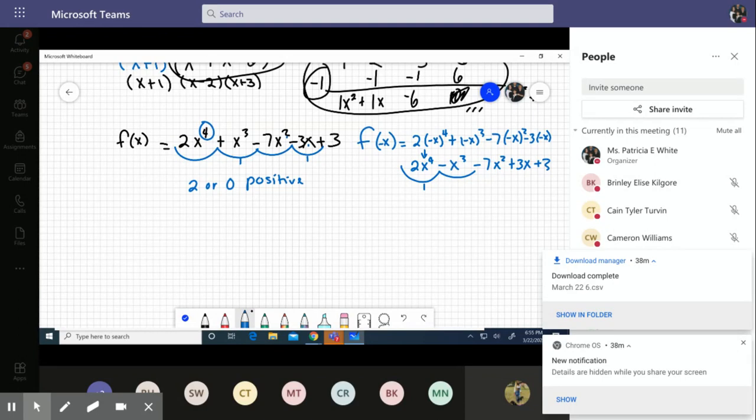And like I said, we don't have to get 4 answers. That's the maximum possible. You could get none. Same, no change. So 2 or 0 negative.